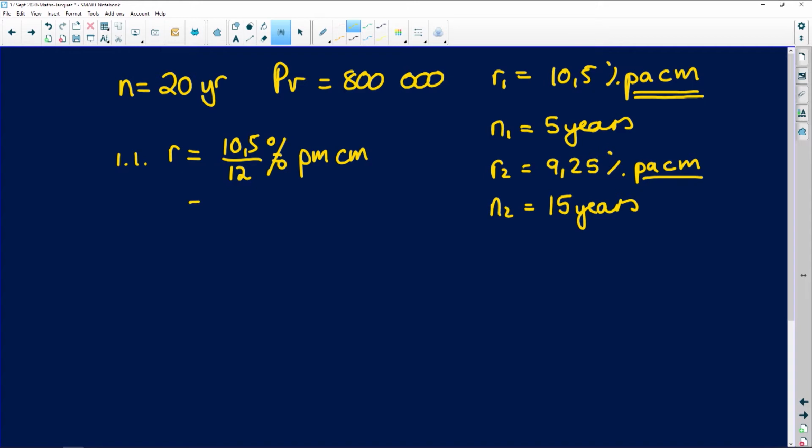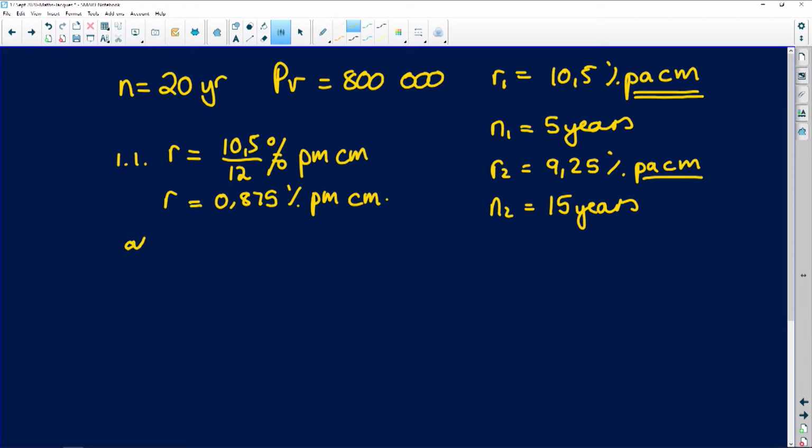If I do this little division over there, we get that our interest rate is 0.875% per month, compounded monthly, which will then make, we need to change this to an effective decimal rate.